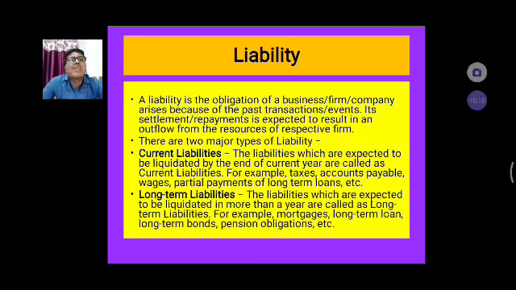There are two major types of liability. One is current liability. The liabilities which are expected to be liquidated by the end of the current year are called current liabilities. For example, taxes, accounts payable, wages, partial payments of long-term loans, etc. Second, long-term liability.